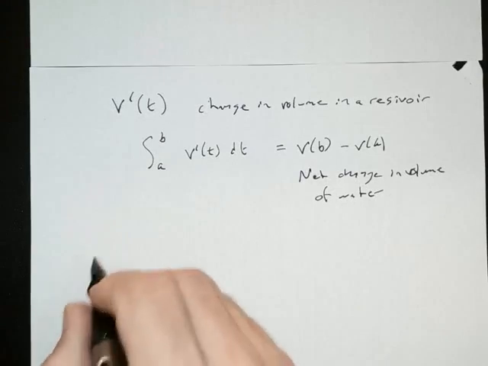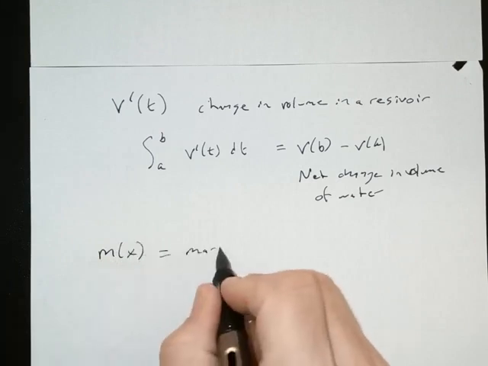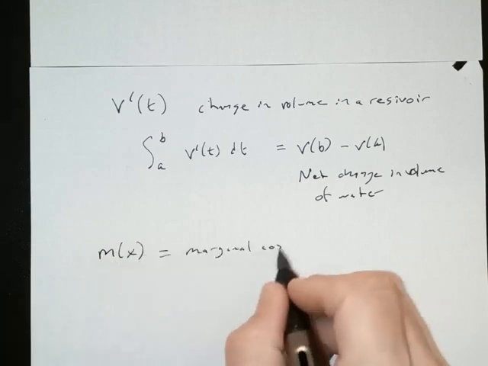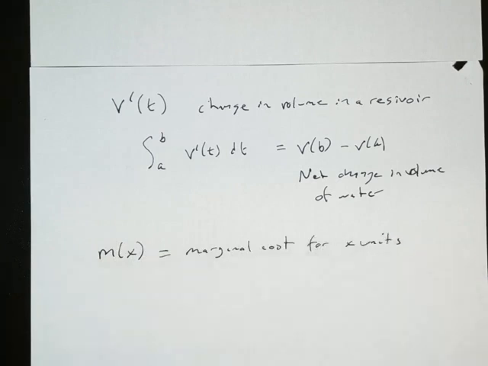Function. So that's the cost per unit at a production level of x. Well, then marginal cost is the derivative of cost.